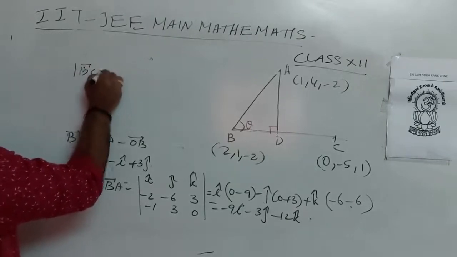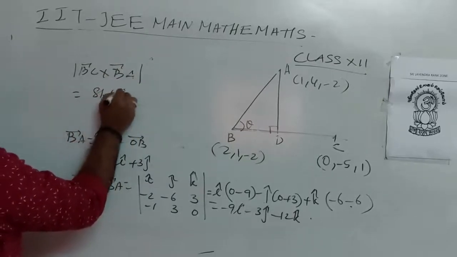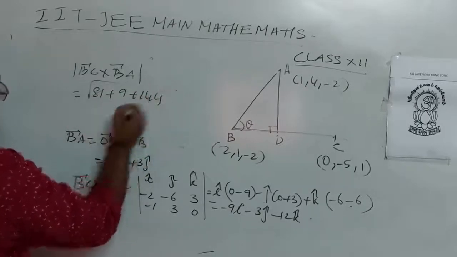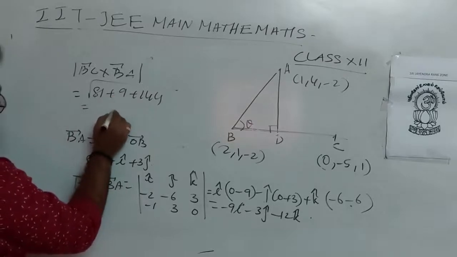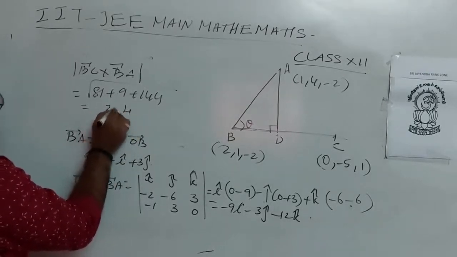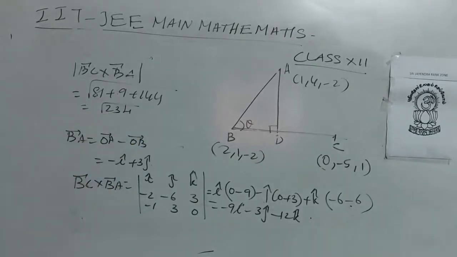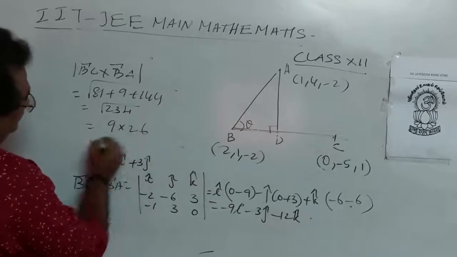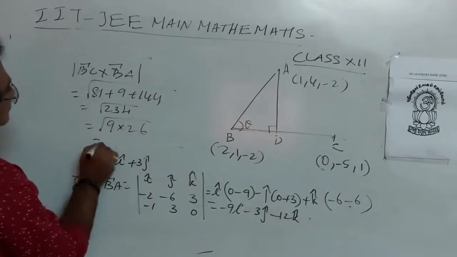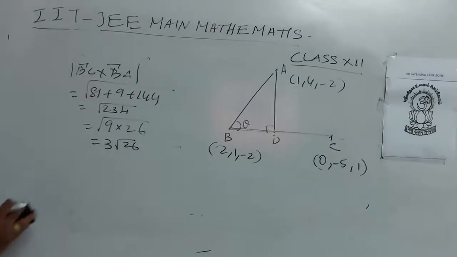Modulus of BC vector cross BA vector is root of 81 plus 9 plus 144, so 3 into root 26.